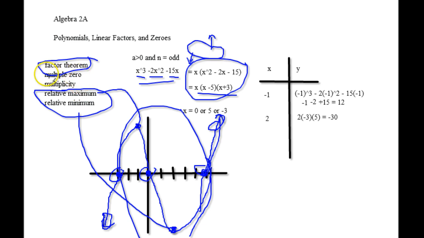Multiplicity isn't needed as much, but it's kind of cool. Multiplicity is when you get multiple answers of the same thing. For example, if I had y equals x squared plus 4x plus 4, when I factor it, I get (x plus 2) squared, and if I solve that for 0, I get x equals -2 right there.